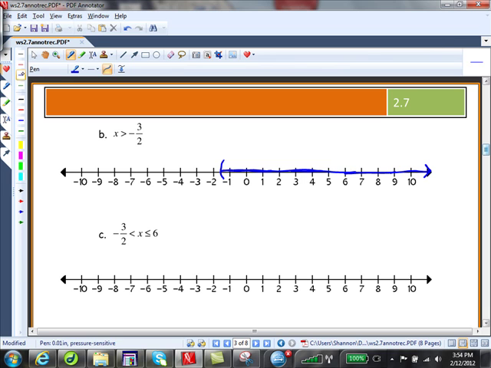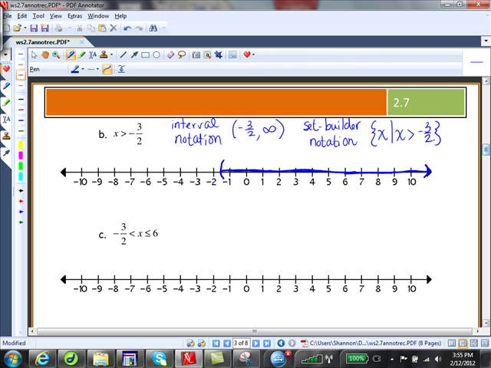And again, we would have our interval, parenthesis, negative 3/2 to positive infinity, parenthesis, for the interval notation. The set builder notation will be, what's our variable? Good, it's x such that x is greater than negative 3/2. You have to learn both kinds of notation.